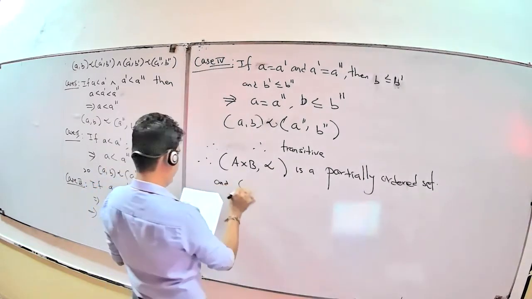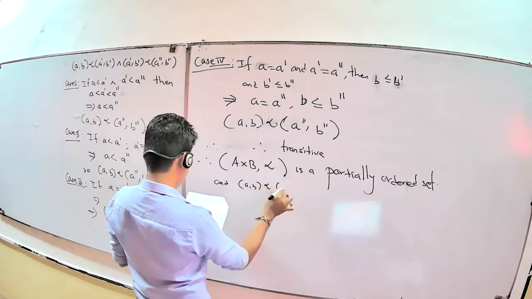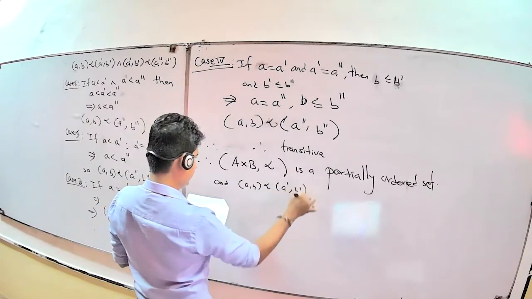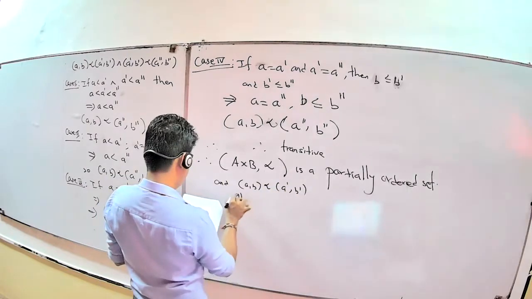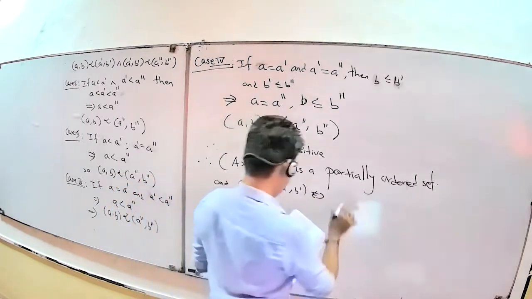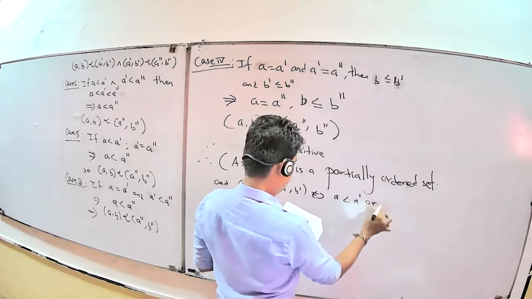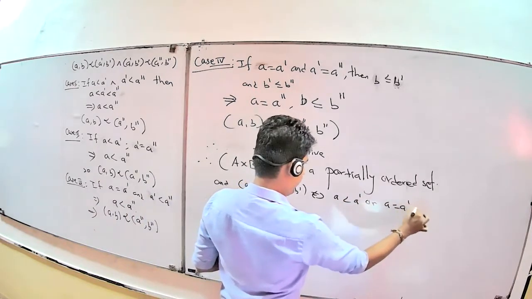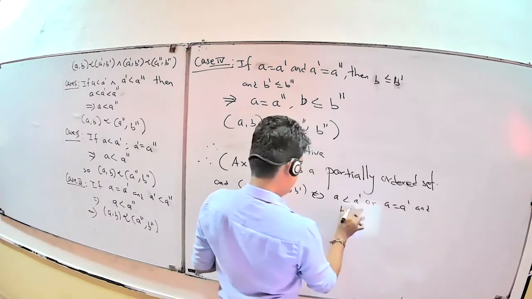And you have (a, b) precedes (a', b'). This implies you have either a less than a' or a equal a' and b less than or equal b'.